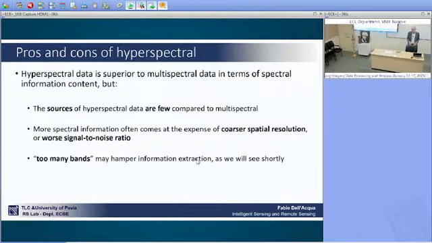One is the Italian PRISMA. Some of you know of it because you have worked with such data. There's the German EnMAP. I don't know of any Indian hyperspectral satellite.